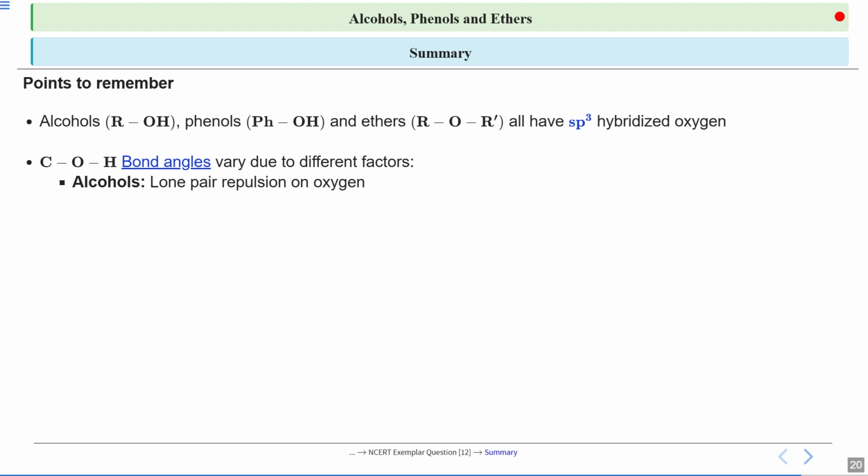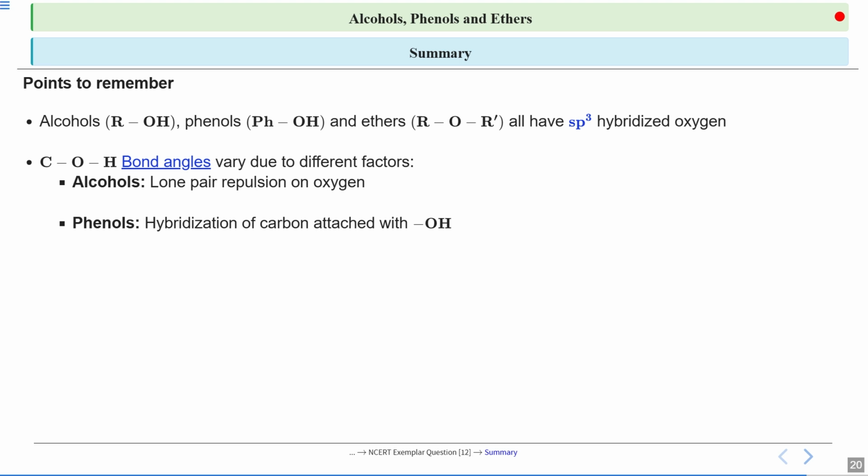The repulsion between lone pairs is greater than the bond pair repulsion, so the bond angle will slightly decrease from the ideal tetrahedral bond angle, which is 109.5 degrees.